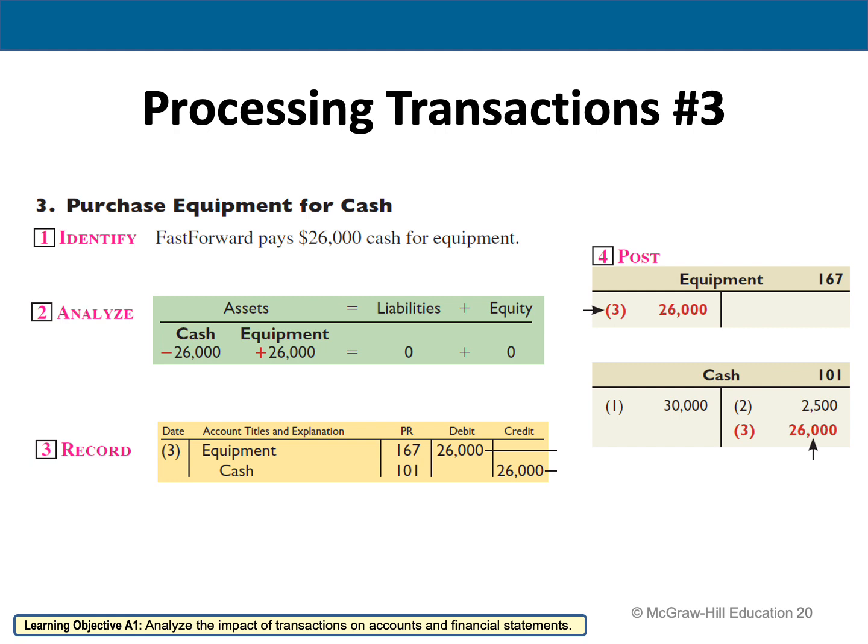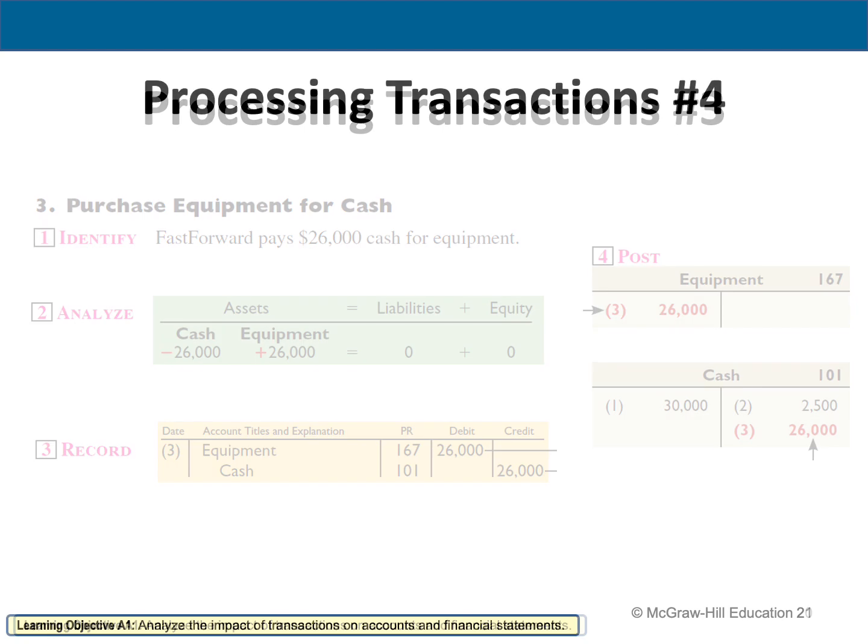I record here 26,000 on the credit side. And why is there a number 3 next to the 26,000? It means that this is the 26,000 of transaction 3. So there are numbers here, and each number refers to the transaction that I already did.